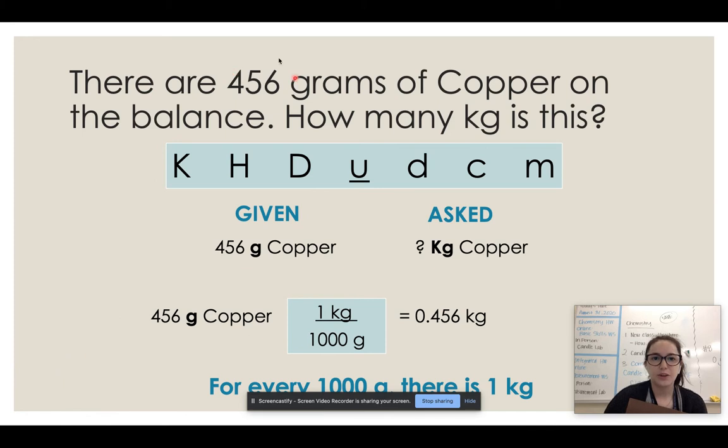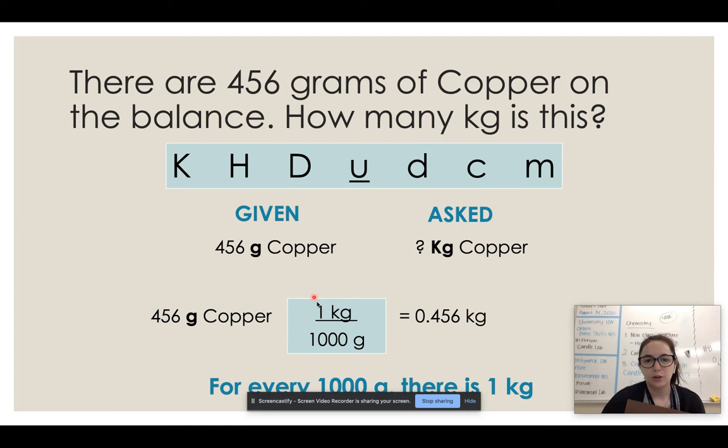First off, there are 456 grams of copper on the balance. How many kilograms? I'm given 456 grams, and I'm asked how many kilograms that would be. So I set it up. I set up my 456 grams of copper, and I know for every 1 kilogram there are 1,000 grams. I want to cancel my units out, so I'm going to cross cancel when I divide.